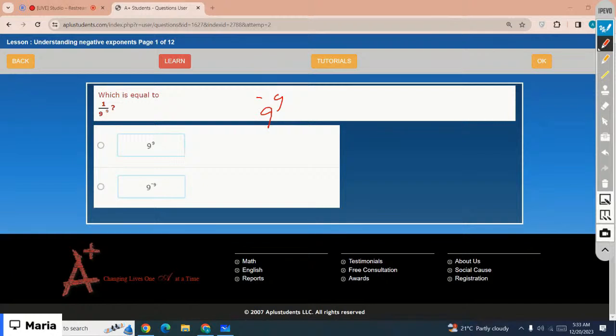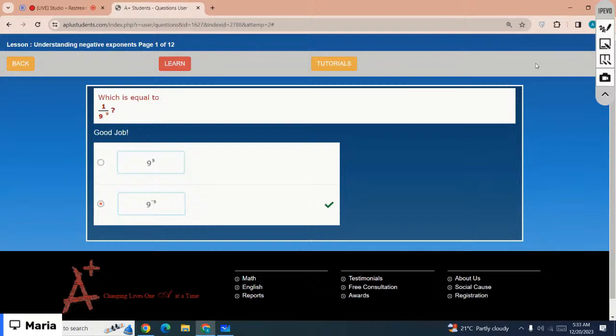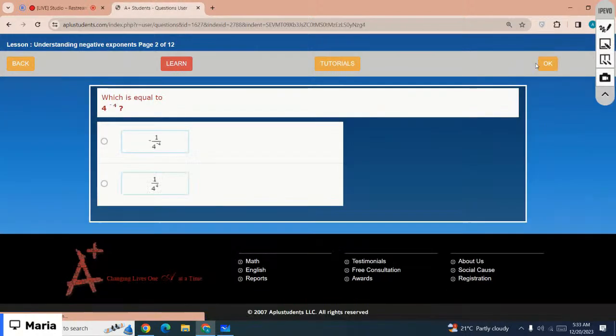And when you're writing a number from denominator to numerator, that would be negative. So 9 exponent negative 9 is the correct option, right? The next one is which is equal to 4 exponent negative 4, which is the correct option, option 1 or option 2?